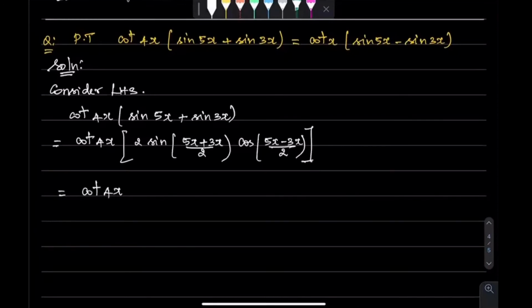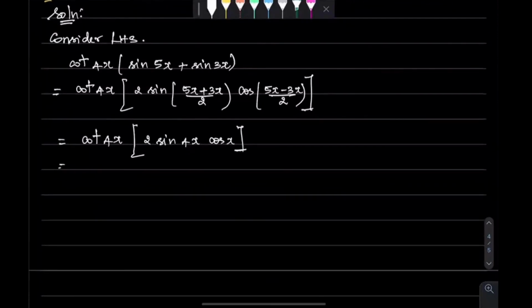Cot 4x into 2 sin 4x cos x, right? So if I simplify this further, cot 4x is cos 4x divided by sin 4x, times 2 sin 4x into cos x. So in turn I get 2 cos 4x into cos x.